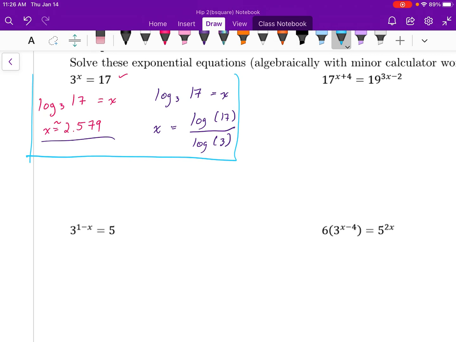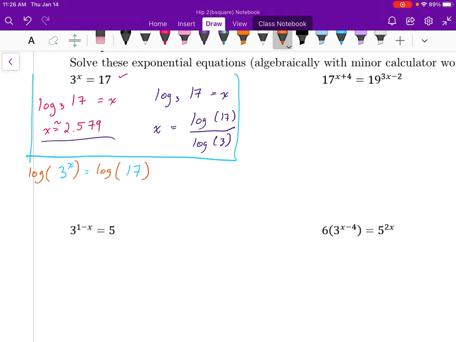Now I'm going to use this another way. And this way is probably the most common way to use logs. And I may push you towards this way. What I'm going to do is I have 3 to the power of x is equal to 17.